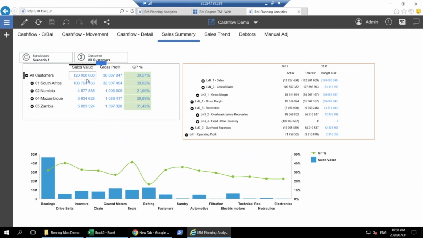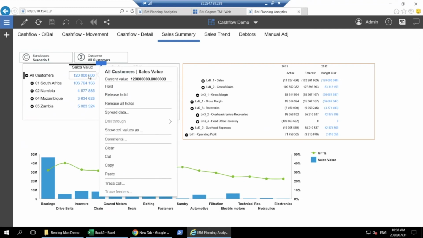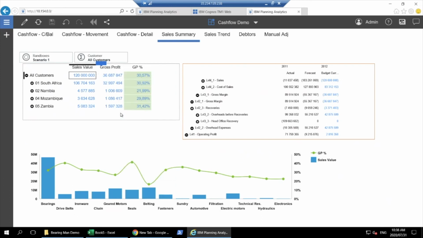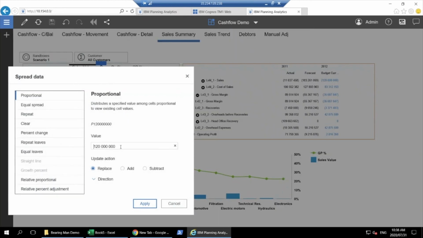Let's say 120 million was what we were expecting, but with lockdown still carrying on, I want to change this to 110. I can drill all the way down to an individual customer and change it, but as you know, spreading is a great feature in TM1. So I'm going to go to spread data, and let's be less bullish about this and make this 110 million.